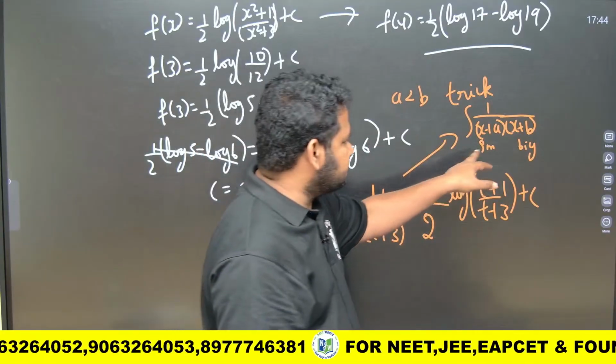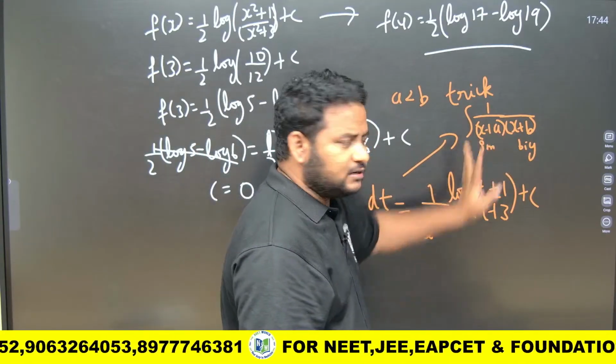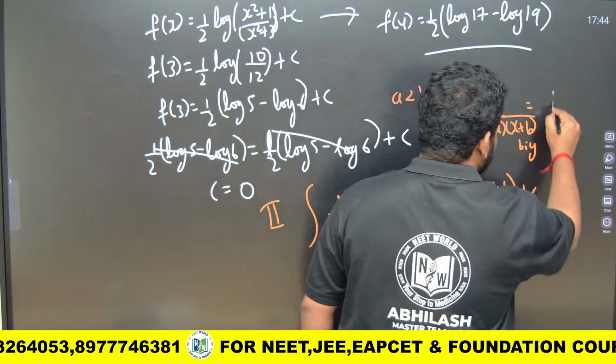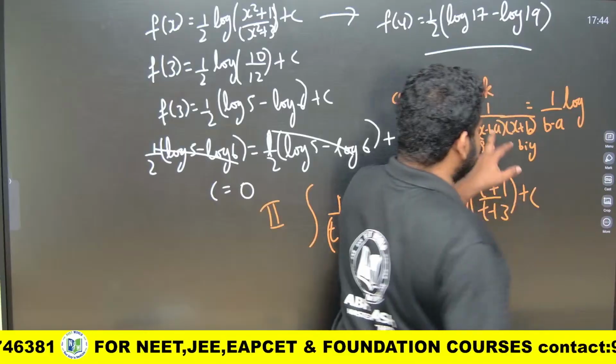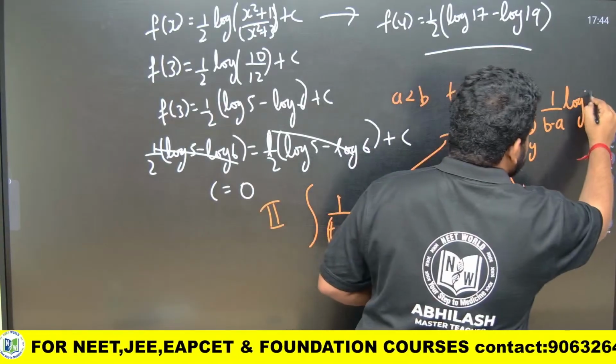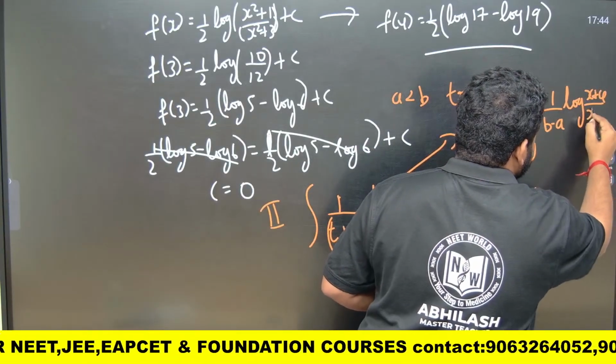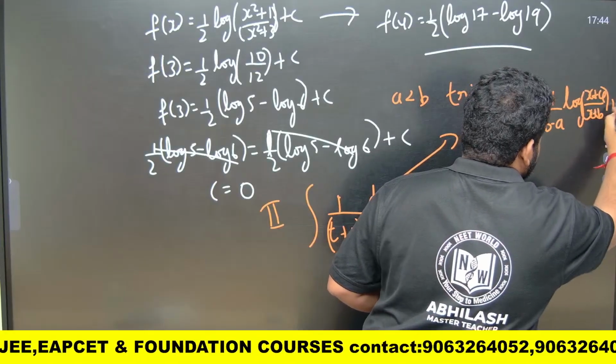Then I can write 1 by (b minus a) into log of the smaller value, x plus a, by the bigger value, x plus b, plus c. That is what I used.